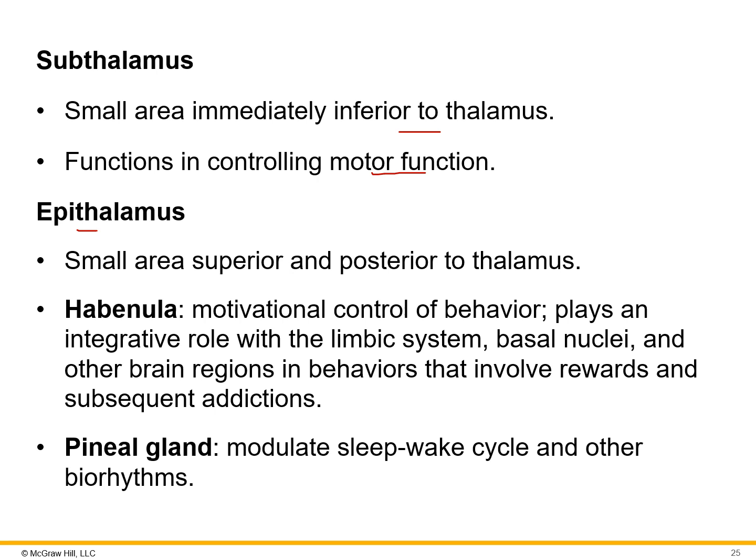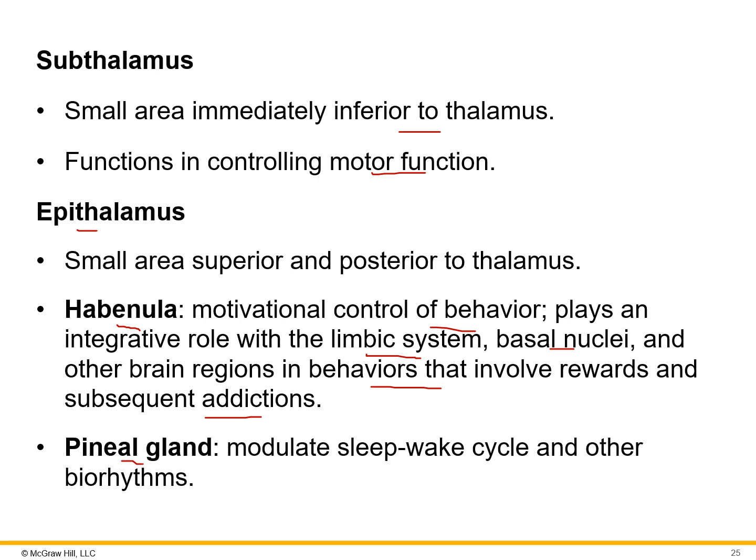Again, it has the two parts that I mentioned in our pictures, so the habenula. This is the motivational control of behavior, so it helps motivate us. It's part of our limbic system we'll talk more about, part of the basal nuclei we'll learn more about, but also the regions that are involved in behavior and reward. Therefore, addictions are involved a lot with this region.